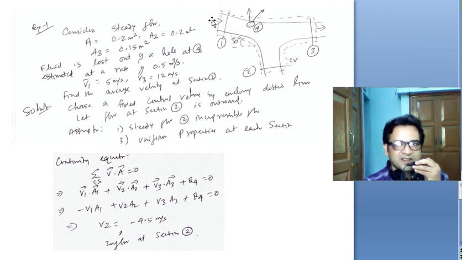All inlets are negative, all exits are positive. So minus V1A1 plus V2A2 plus V3A3 plus Q4 equals 0. If you solve, you will get V2 equal to minus 4.5 meters per second. Minus means our assumption is wrong. We assumed that at 2 the flow leaves the control volume, but we are getting a negative value, so at section 2 the flow will enter the control volume.